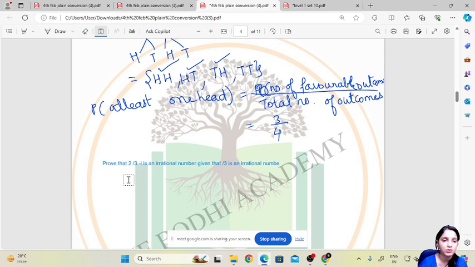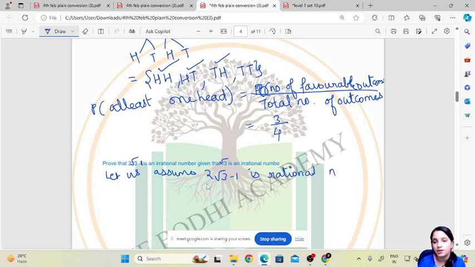Prove that 2 root 3 minus 1 is an irrational number, given that root 3 is an irrational number. Let us start. First we have to write here, let us assume 2 root 3 minus 1 is a rational number.